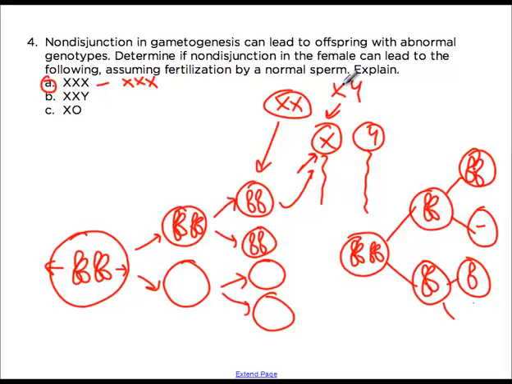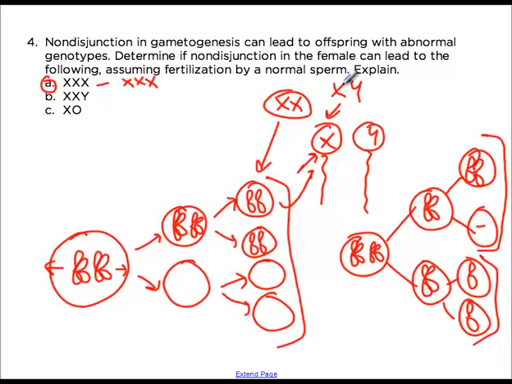These two would be normal. So whether non-disjunction occurs in meiosis I or meiosis II, in fact, I'm glad we did this because it's going to help us very much just in a second. Because what we're seeing here are the 4 types of gametes that can be made if non-disjunction occurs during meiosis I. They're all imbalanced. Here, if it occurs in meiosis II, we get 2 that are imbalanced and 2 that are normal.